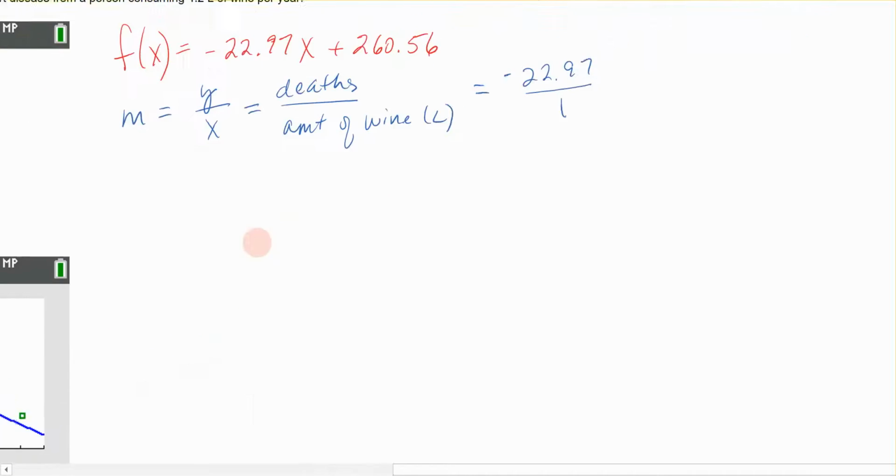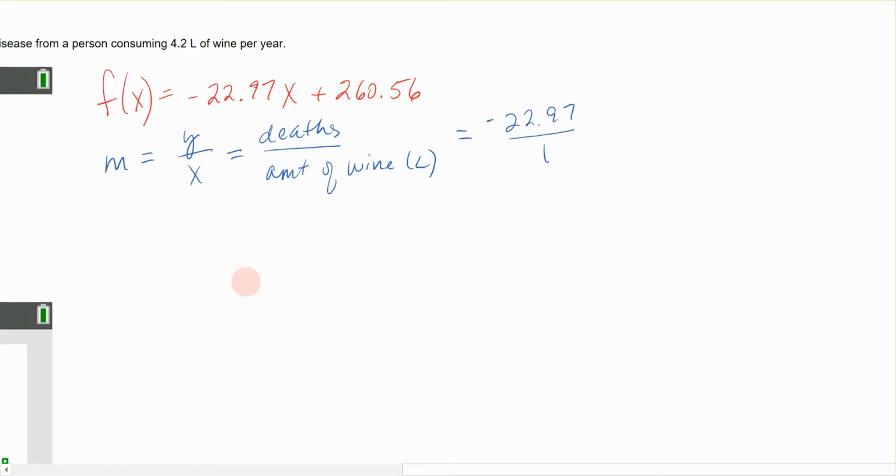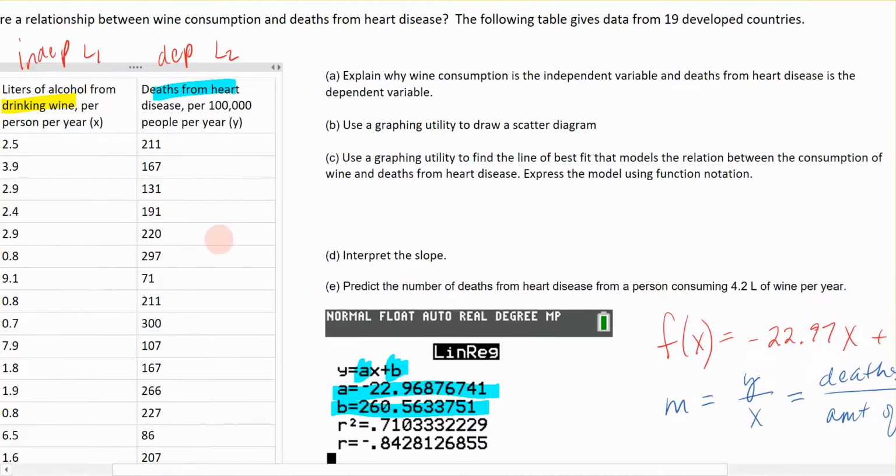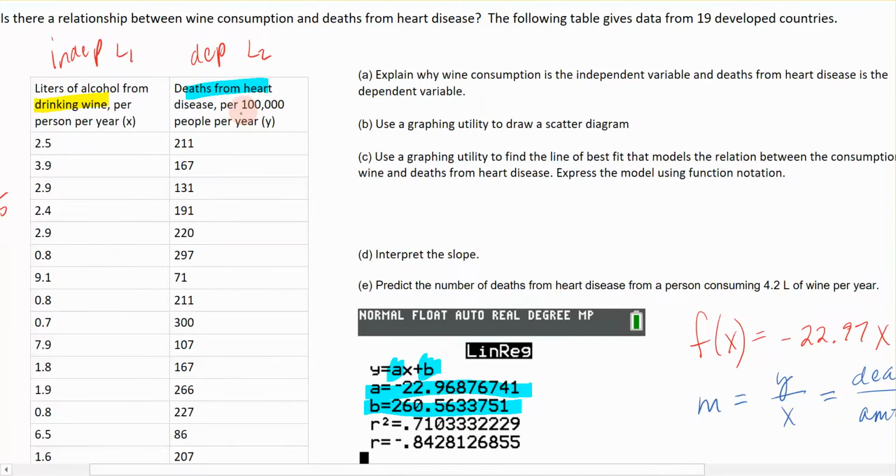So we're going to use that word, decreasing, when we interpret it. We also know that this is 1 liter, because that was the units for the x variable, the wine. Now this is 22.97 per 100,000, and we know that because if I scan over here, that's what it said in the y column, per 100,000.